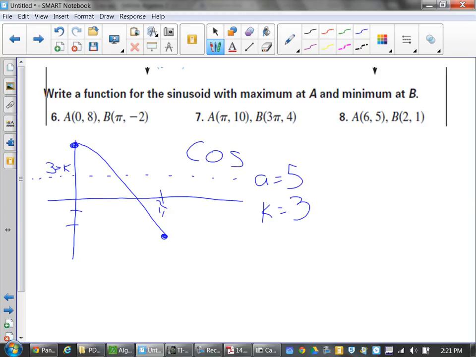We know that going from here to here is half of our graph. So to get back up the other way, it has to be up at 2 pi. So that means our period is 2 pi. Remember, we always doubled that distance. Our period is 2 pi, which means what's your b value?